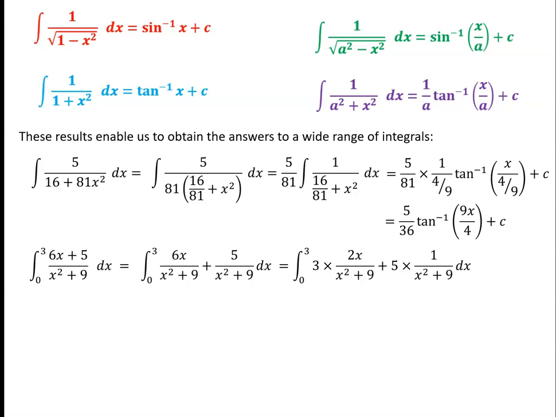Indeed, if we say that 6x over x squared plus 9 is the same thing as 3 times 2x over x squared plus 9, then with 2x over x squared plus 9, we are in exactly the position where the top is the derivative of the bottom. So the integral of 2x over x squared plus 9 is the natural logarithm of x squared plus 9.